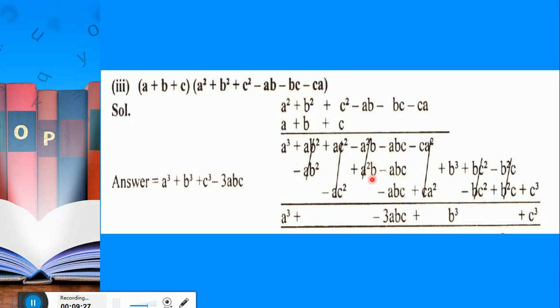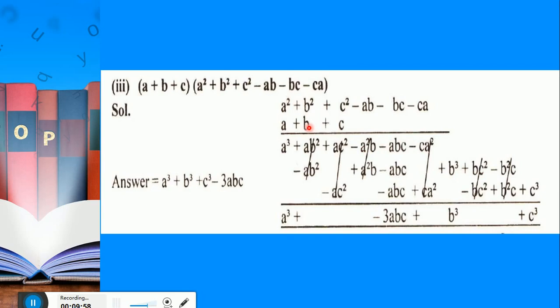Now multiply b with b square, it is b cube. B cube is not here, so write b cube separately. Now multiply b with c square, it is bc square. Bc square is also not lying here, so we will write this bc square separately.